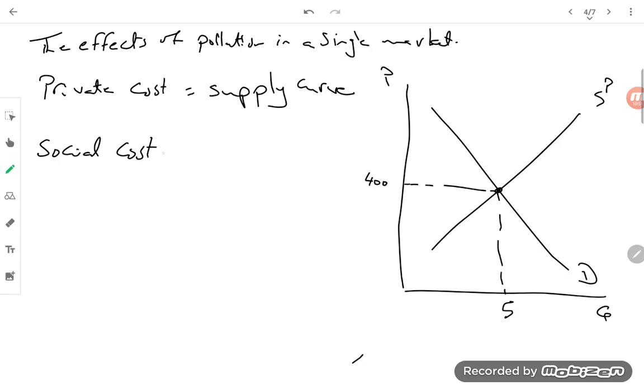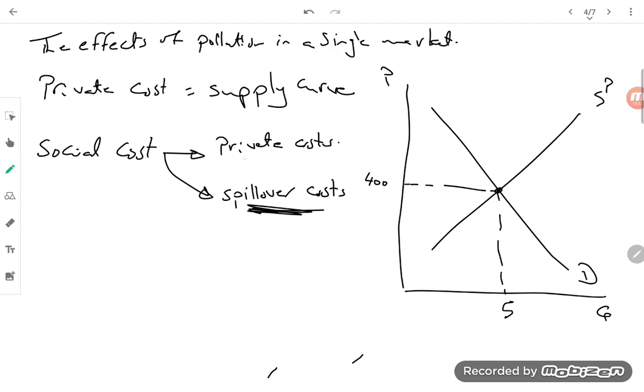Social costs include both private cost and spillover costs. So we are going to add additional cost to the private cost. So cost of production is going to increase.